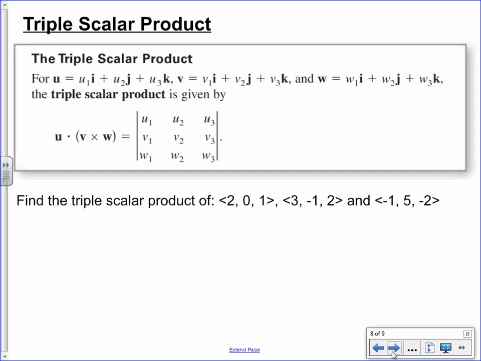So this is saving us some work. The cross product gives us a vector, and then the dot product between 2 vectors is a number. So instead of having to do 2 different products, we can throw all three vectors into our matrix and find the determinant.